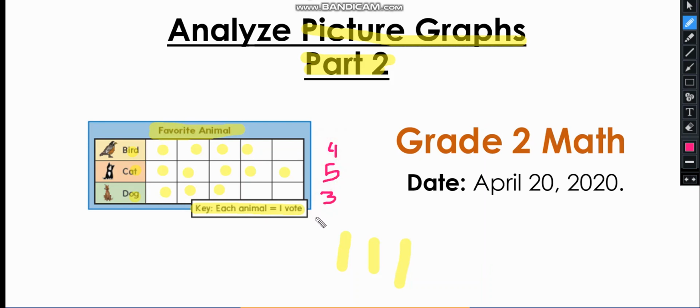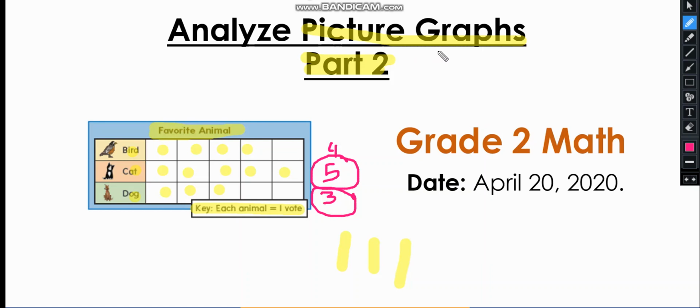Which one is the most? Yes, cat. Because the greatest number here is 5. It's the cat. Which one is the least? The smallest. Is dog or bird? Yes, dog. Why? Because 3. This is what I mean by analyze picture graphs.